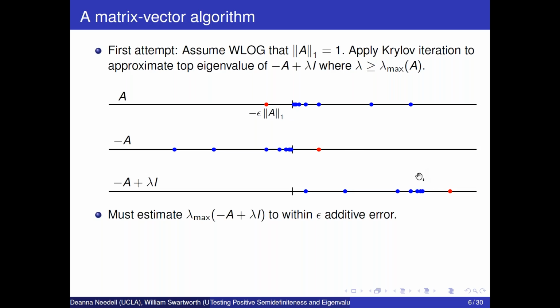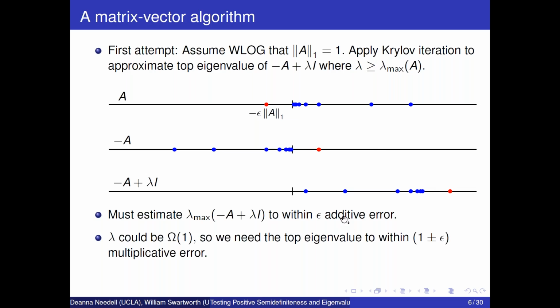And after negating and shifting, this gap of epsilon still exists. Now, we shifted by lambda to make the matrix positive semidefinite. This lambda could be as large as 1, but not larger, because the sum of absolute values of all the eigenvalues is 1.